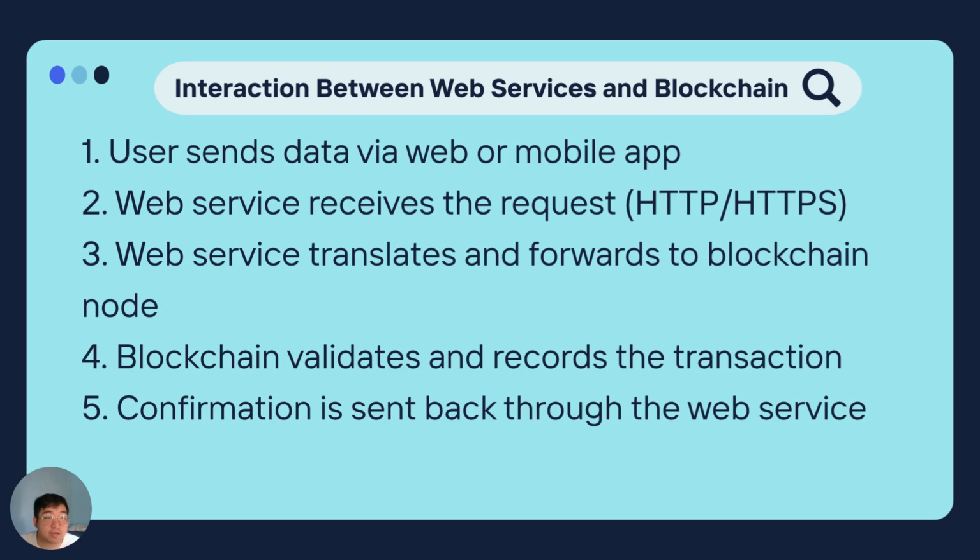The blockchain validates the data, stores it securely, and returns a confirmation. Finally, the confirmation is sent back through the web service to the user's device. In short, the web service acts as a translator, turning regular web requests into blockchain transactions.